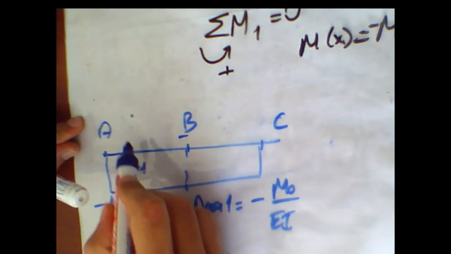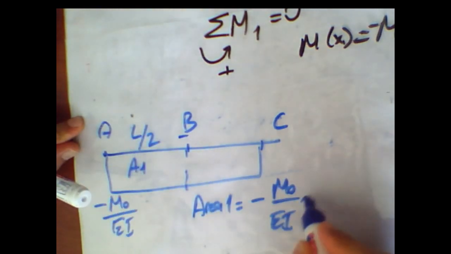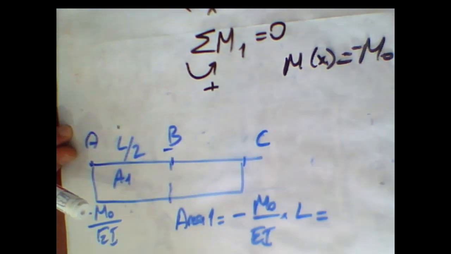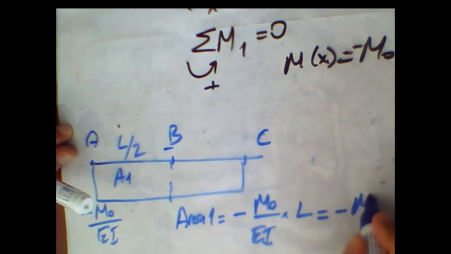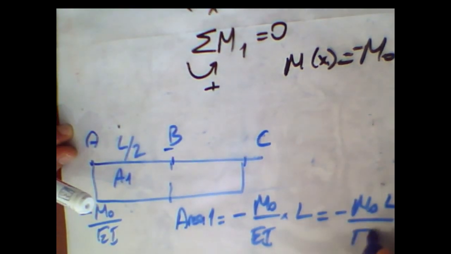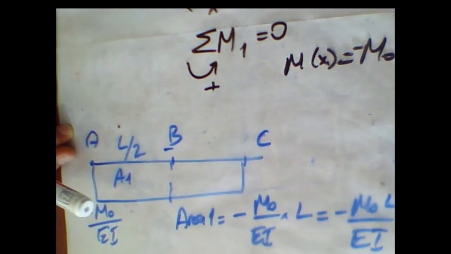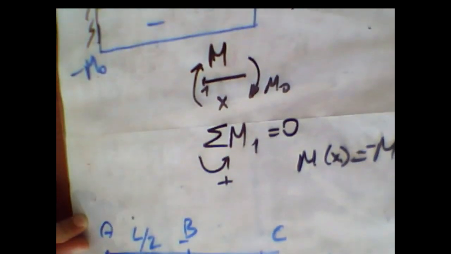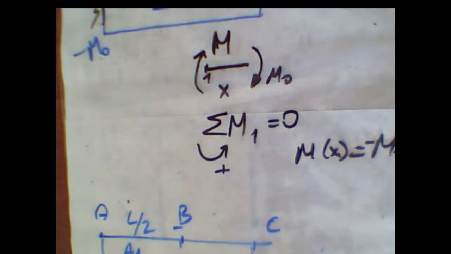Also, this length is L over 2. Therefore area A1 is equal to minus omega 0 L over EI. I don't need this space anymore, therefore I want to erase it.